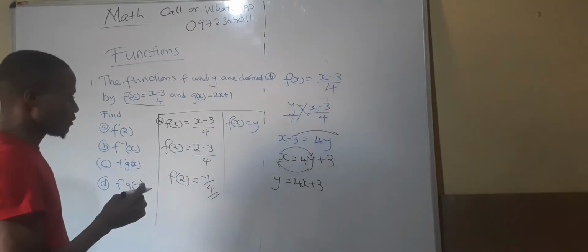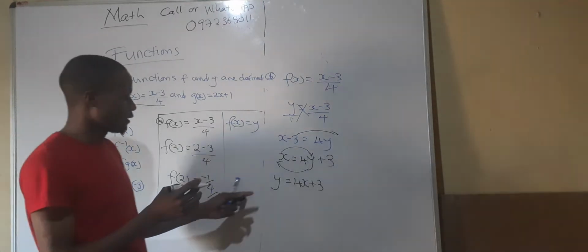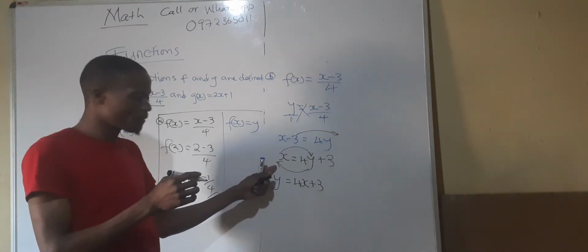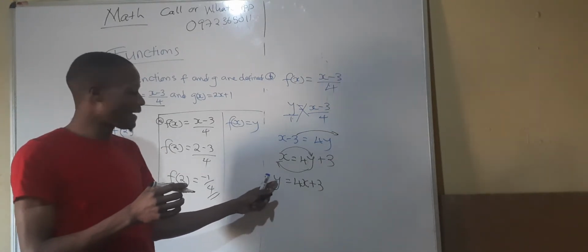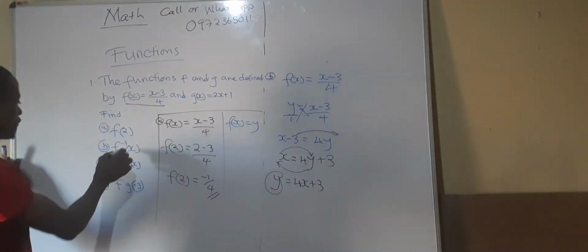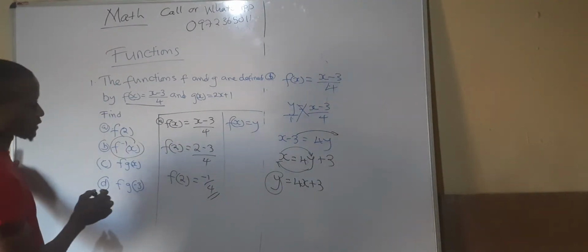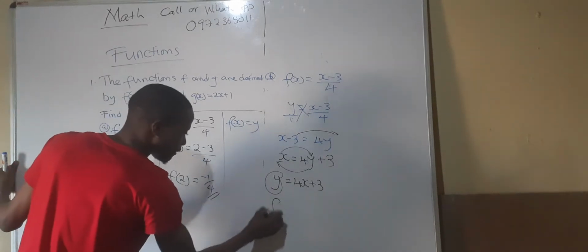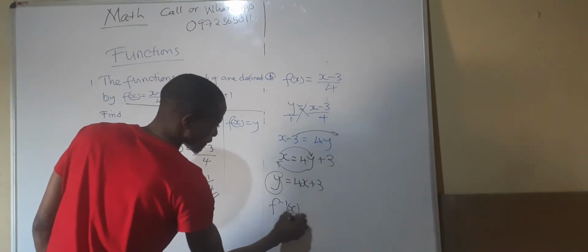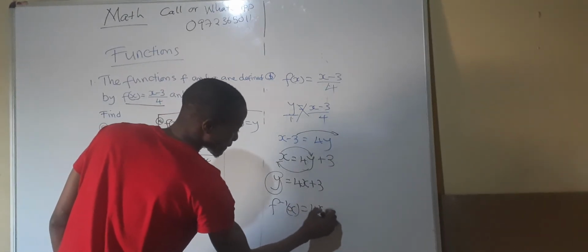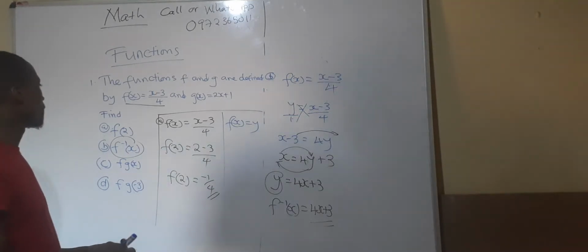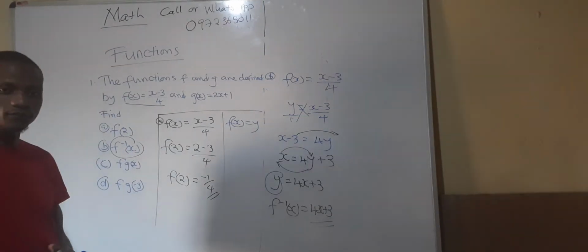What we are looking for is the inverse function, so finally we swap the x and y. Where there is y, we replace it with the inverse, f inverse of x, which becomes f inverse of x is equal to 4x plus 3. So that is the inverse function for f of x.